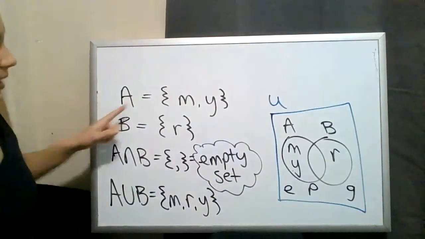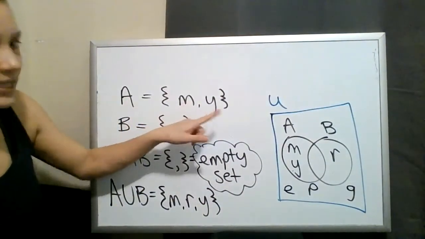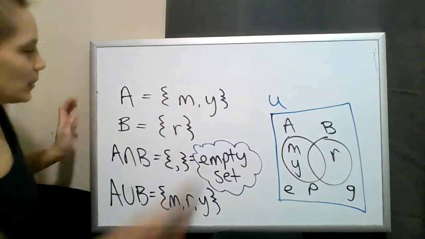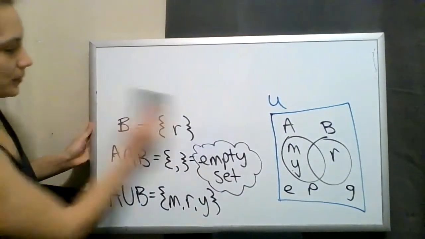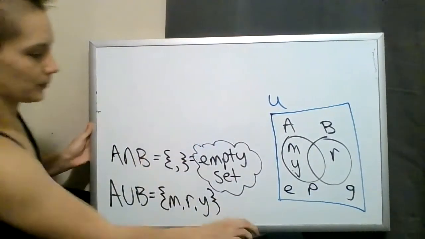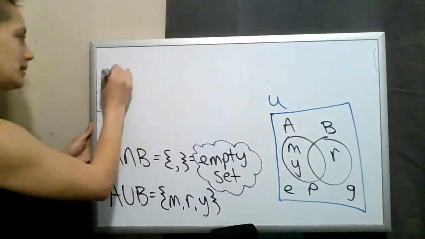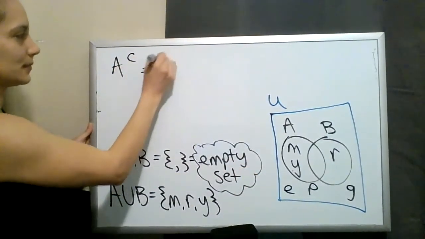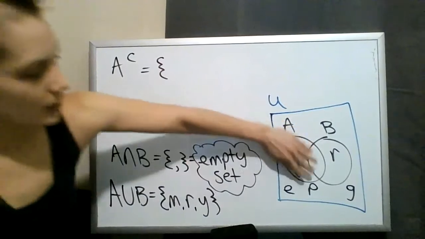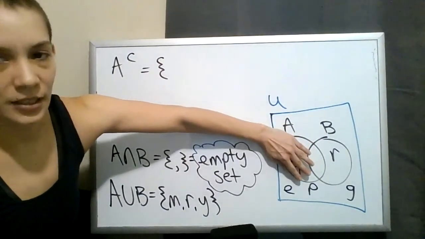So the complement of A will not include M or Y. It's everything except for those two elements. So you've got R, E, P, G.